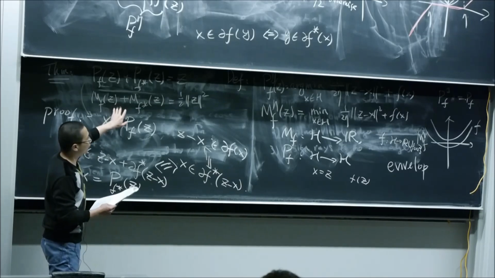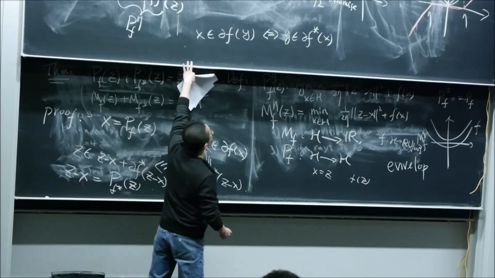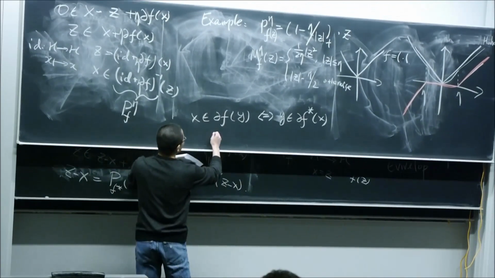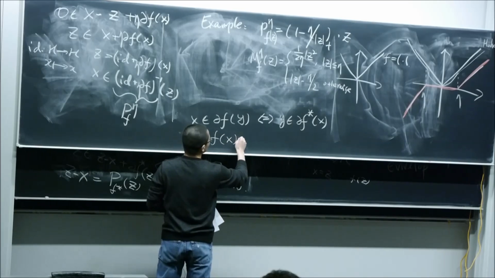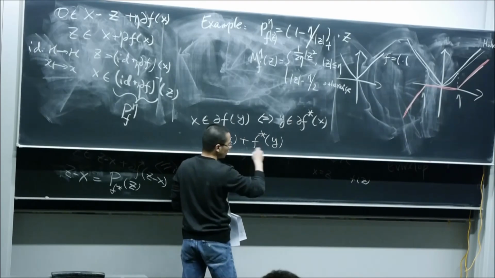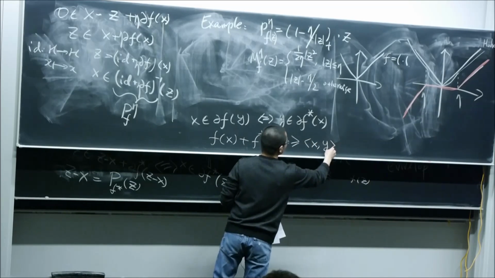And for this one, similarly, you can prove that. And the fact you will need is another result from convex analysis, which is also easy to prove. So f of x plus f star of y is going to be bigger than or equal to x times y. Okay?